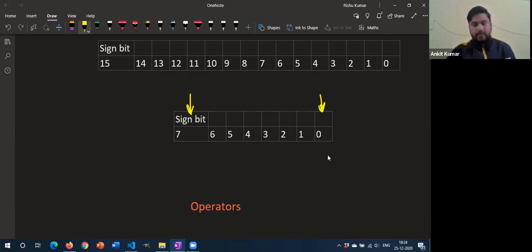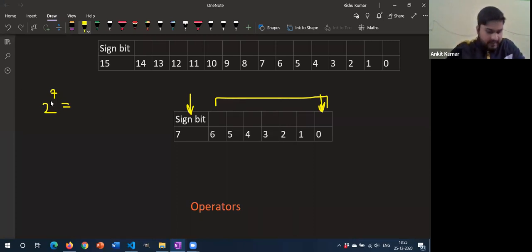When you store the number, you have only 7 bits free, which you can utilize to store the numbers. So it means that 2 to the power 7 is the largest number that we can store. 2 power 7 will get you 128. So this is the maximum number that you can store.